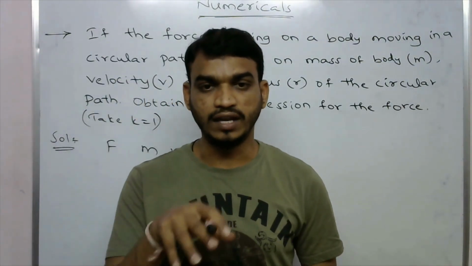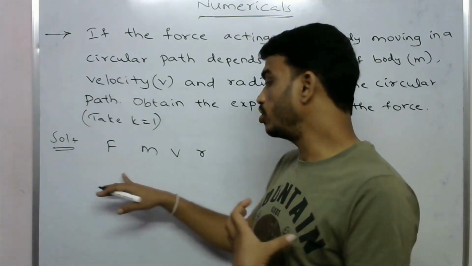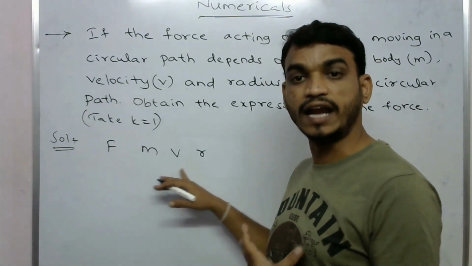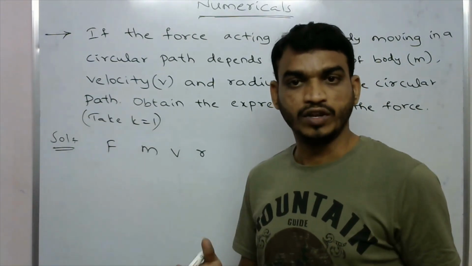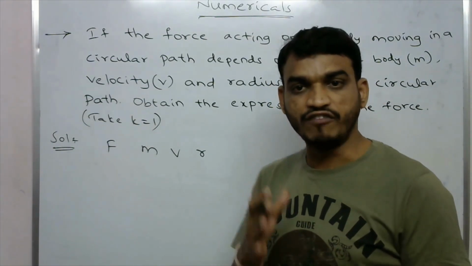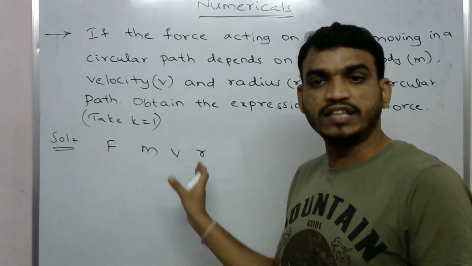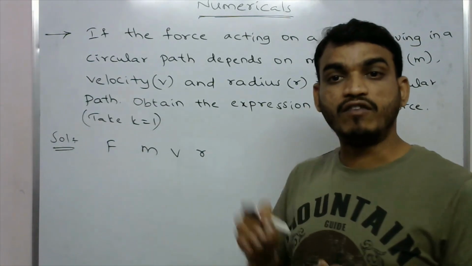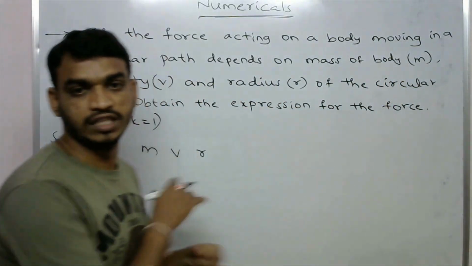Okay, so that means this force has an effect because of this mass, velocity, and radius. But how much effect they have, we don't know. To find out how much effect this force has because of these three quantities, we have to take the powers, but the power values we have to find out. So we don't know the power values here.